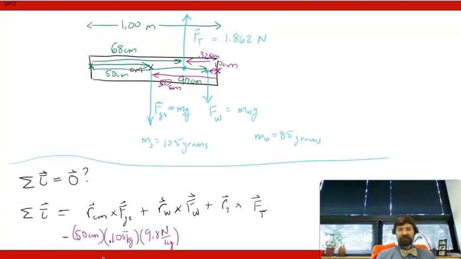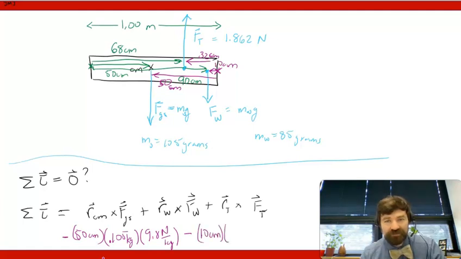And then to that I have, for the weight, also a negative torque, so minus 10 centimeters times 85 grams, which is 0.085 kilograms, times 9.8 newtons per kilogram.